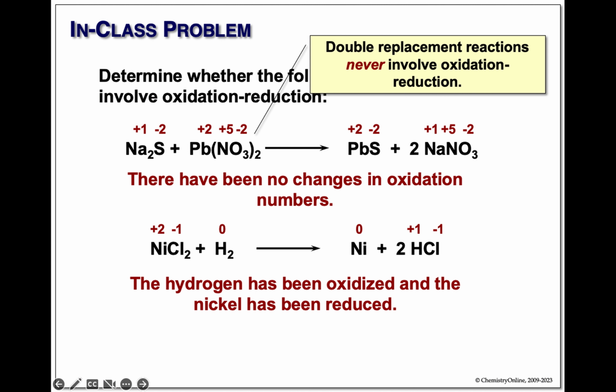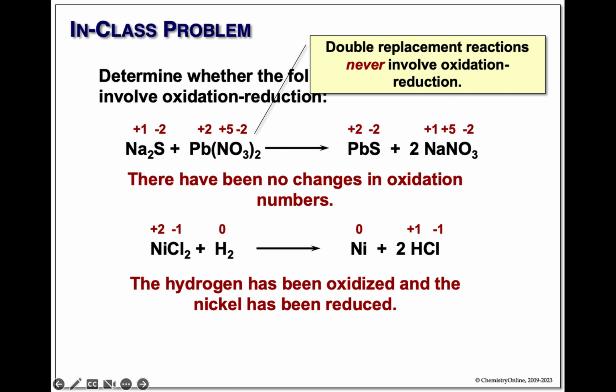Hydrogen has gone from 0 to +1. That's a loss of 1 electron. And it has been oxidized. Any questions?